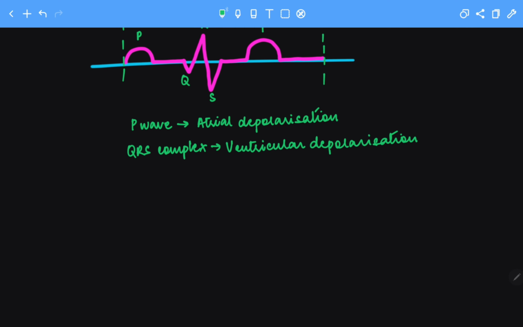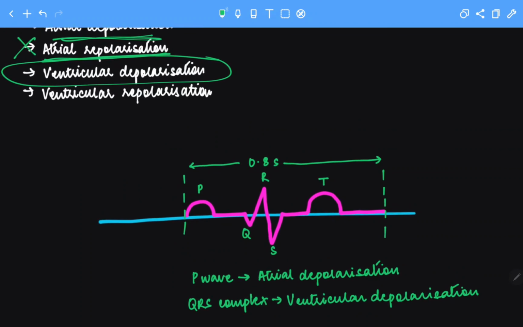Now, it's natural to have this question: what happened to this step? Why doesn't the ECG show this step in its reading? Why is atrial repolarization completely avoided? So, what happens is, when the atria is repolarizing, simultaneously the ventricle is depolarizing.